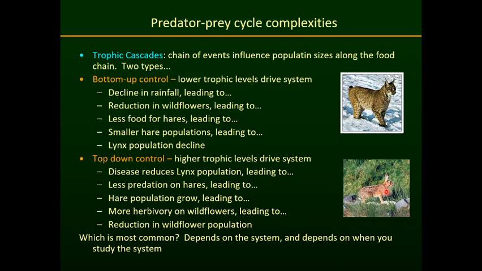So this is an example of top-down control, where something happens with the predator at the top of the food chain, and it winds up affecting the species at the bottom. Okay, which of these is most common? Well, it really depends on the ecosystem, and it depends on the organisms that you look at, and on what time of year, et cetera. Basically, it just depends.